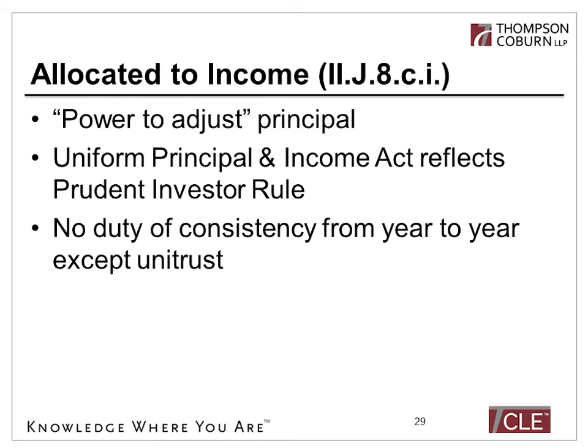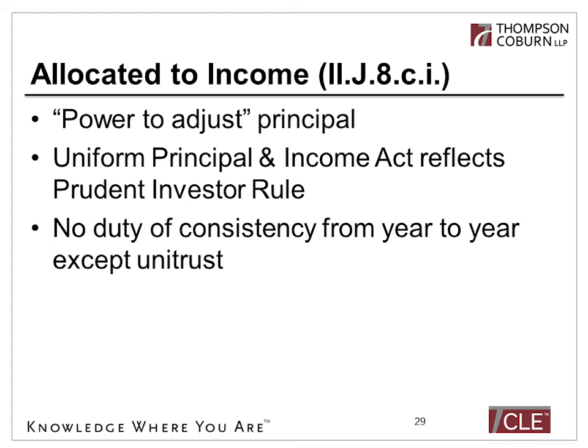In the first bullet point, we talk about the power to adjust principal, and this is a discretionary power that a trustee could exercise when trying to give some impartiality among the beneficiaries. We know the income beneficiaries want income and the remainder beneficiaries want growth. So the power to adjust allows the trustee to invest for total growth and allocate part of the growth to the income beneficiary.